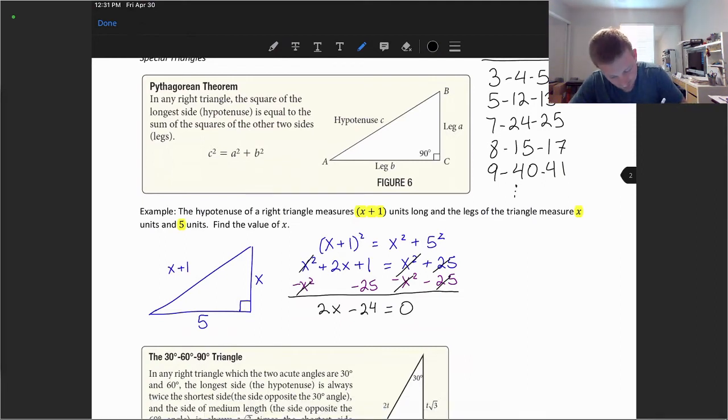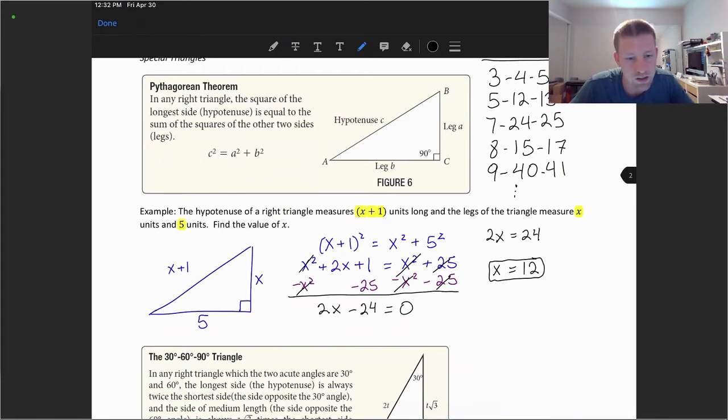We can continue this process and add over our 24. We would get 2x is equal to 24, or x is equal to positive 12 when we divide. So I found the value for x.